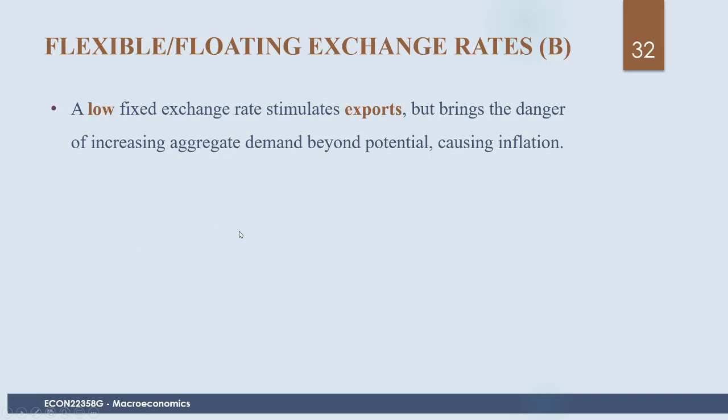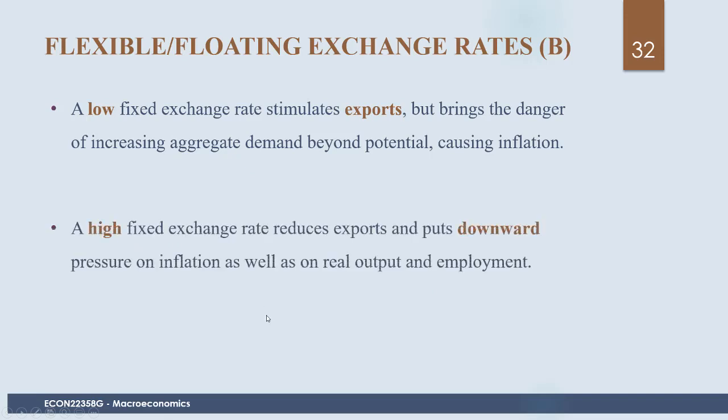So you can't have both. You can only have one or the other. And so anyways, assuming that we have a fixed exchange rate, a high fixed exchange rate would make it beneficial for us to buy goods from the other country, because it would be cheaper for us, but it would reduce our exports.